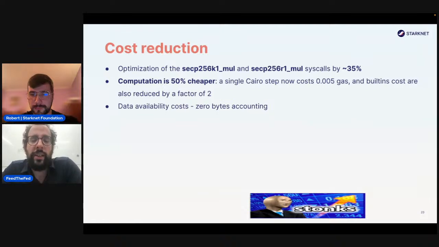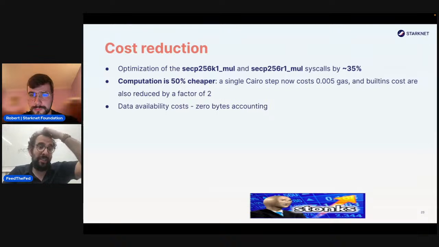Because I am submitting the key, the location of what I'm updating, and the new value. Each of those is 32 bytes, and each byte costs on Ethereum 16 gas. So 32 times 16, I end up with 512 gas, so around 1K gas per single storage update.